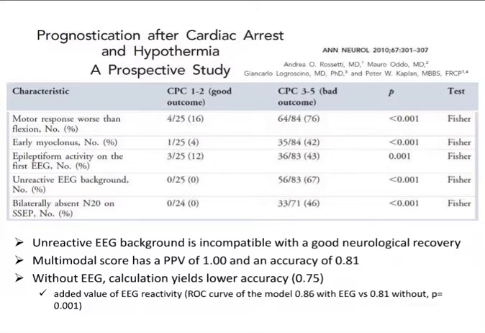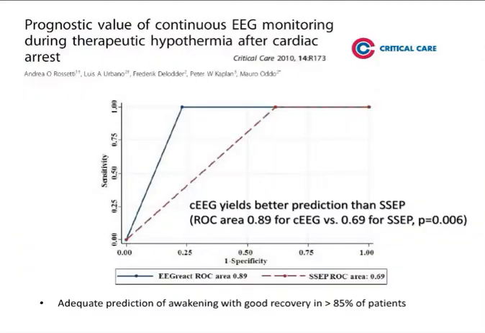This was intermittent EEG at the end of rewarming, and this was continuous EEG during hypothermia. And what is very important in this study is that we increase the prediction that the patient will awake and recover. And this is more powerful than the evoked potentials.